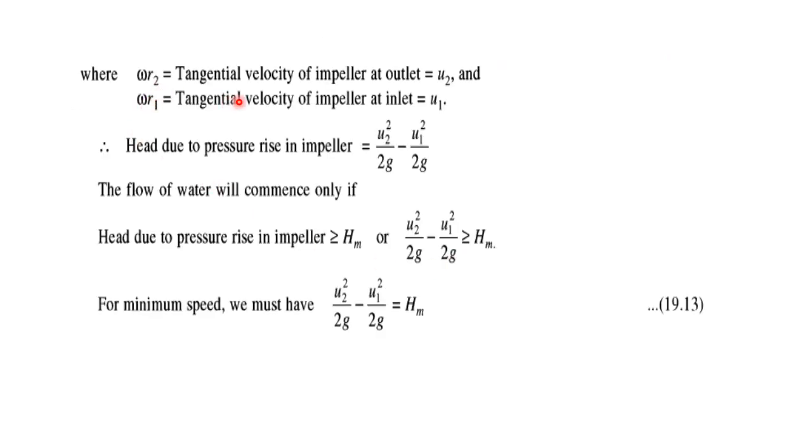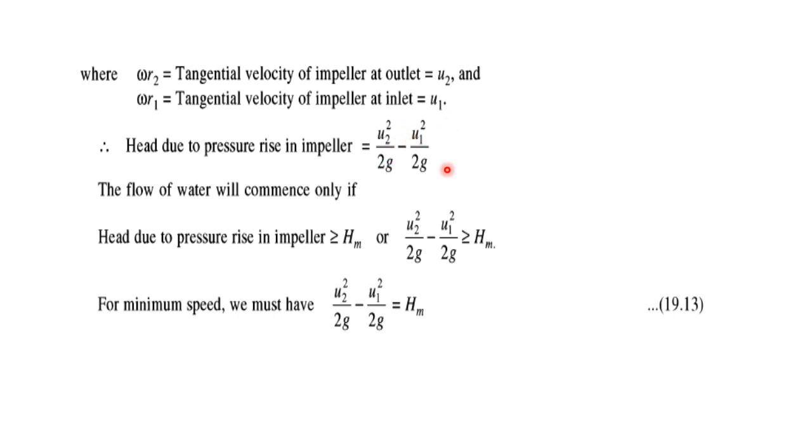where omega r2 is the tangential velocity of the impeller at outlet, which can be represented by u2, and omega r1 is the tangential velocity of the impeller at inlet, which can be represented by u1. Head due to pressure rise in impeller is u2 square upon 2g minus u1 square upon 2g.